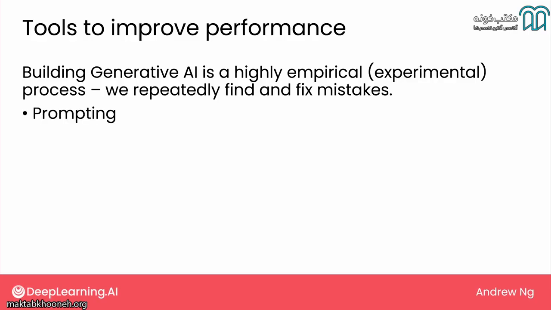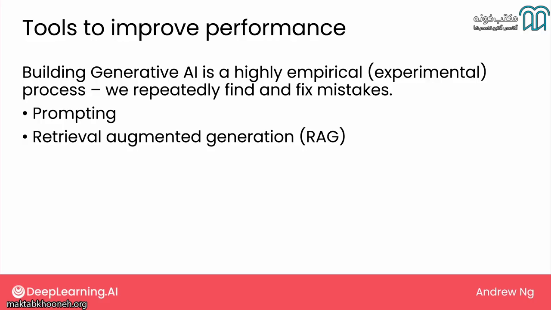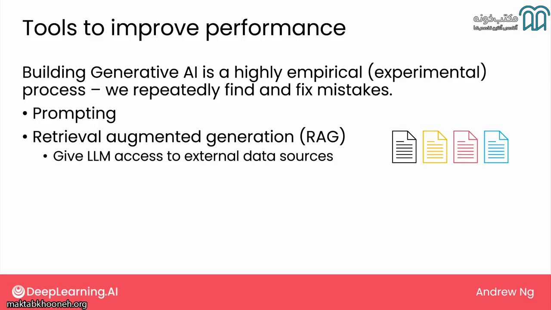We've already seen how prompting itself is a highly empirical process, where you would have an idea, try the prompt, see the response, then maybe update your idea in the prompt and go again. But other than updating the prompts, there are other tools that we'll talk about this week for improving the performance of your generative AI system. One tool that we talk about later this week is RAG, or Retrieval Augmented Generation, that gives the large language model access to external data sources.